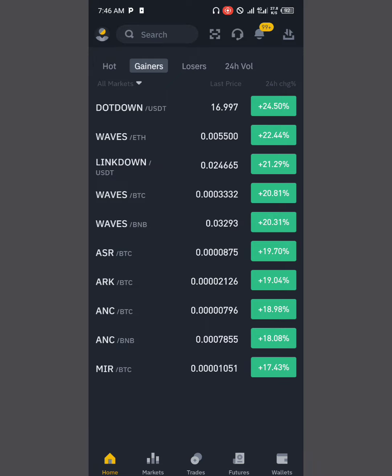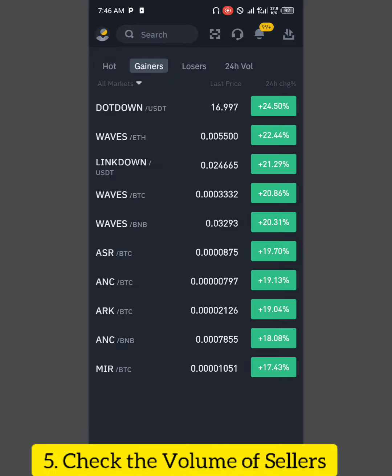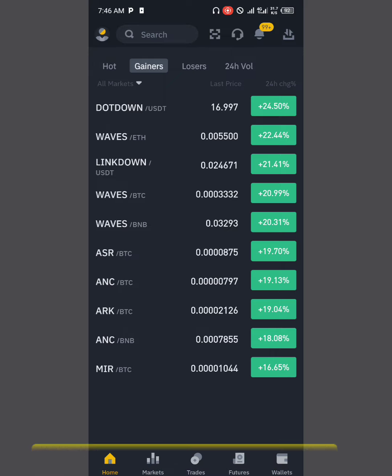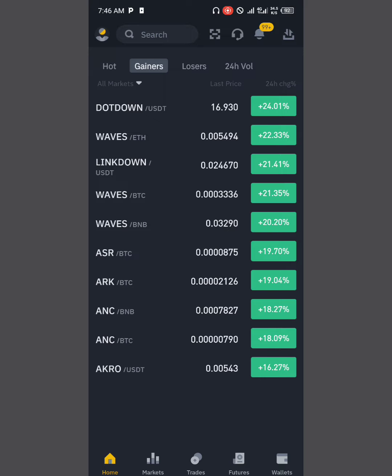Rule number 5, check the volume of sellers active on the daily time frame. The reason for these metrics is so you can have a higher percentage win rate. I'm talking about 95 upwards. In most times, if you see this happening in higher time frames, there is no reason you won't have a 100% win rate. There's no two ways about it. This is certainty, I'm telling you, for real.